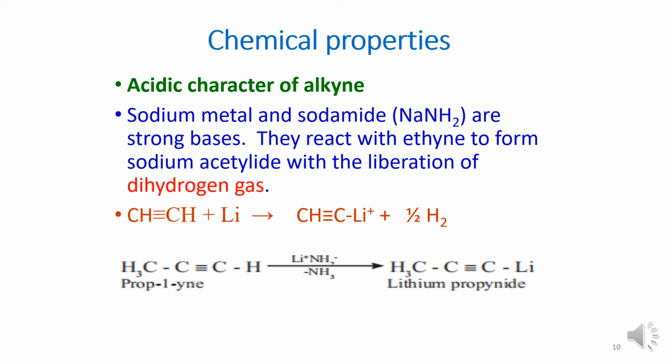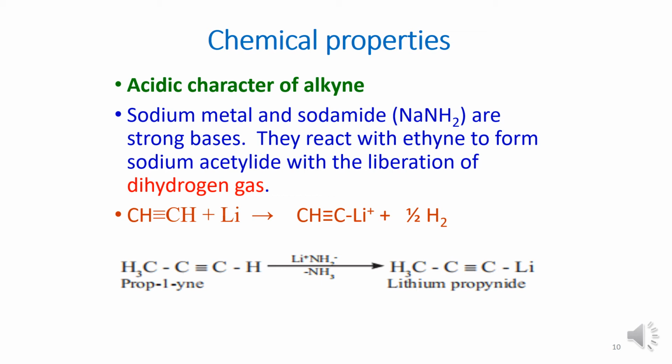Now, what is the reason? In terminal alkyne, the hydrogen atom is directly attached to an sp hybridized carbon atom. In sp hybrid orbital, the percentage of s character is 50% and p character is also 50%. An electron in s orbital is very close to the nucleus and it is held tightly.